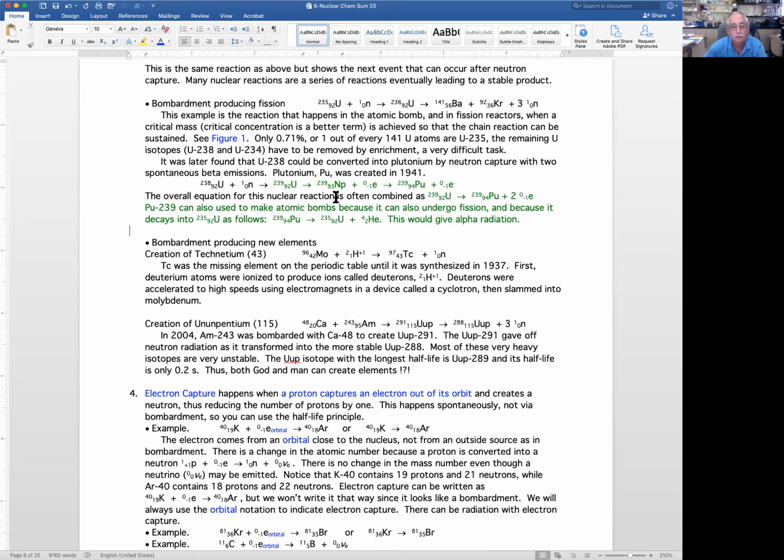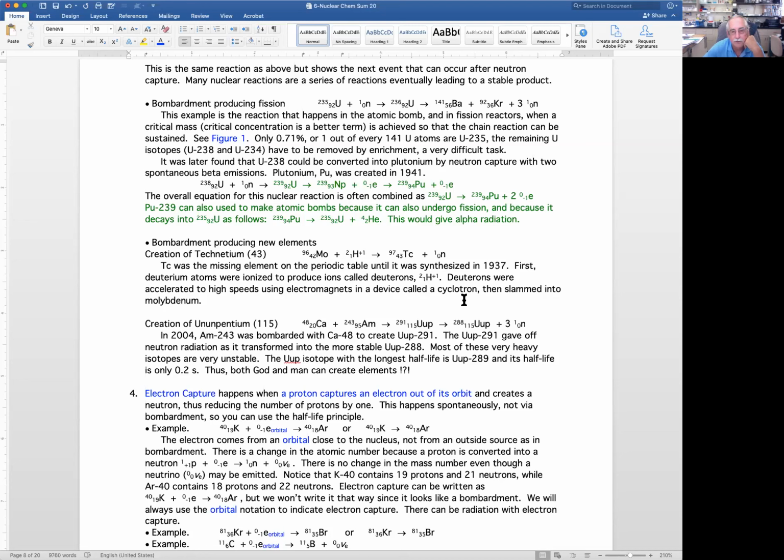So in 1937, they were able to synthesize it. They took molybdenum-96 and they bombarded it with a heavy isotope of hydrogen. That's deuterium ion. Okay. So they had created a device called a cyclotron.